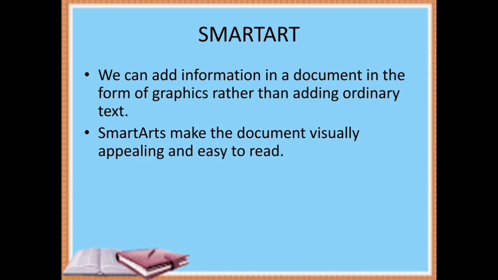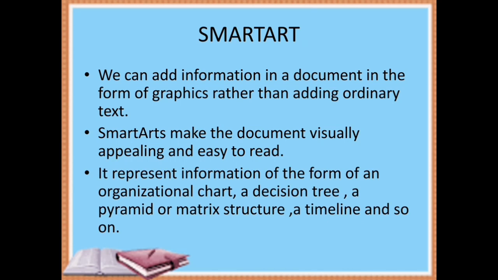It represents information in the form of an organization chart, a decision tree, a pyramid, a matrix structure or a timeline and so on. So SmartArt has different types. For example, in a lower class you can make a family tree. Here also we can use SmartArt.